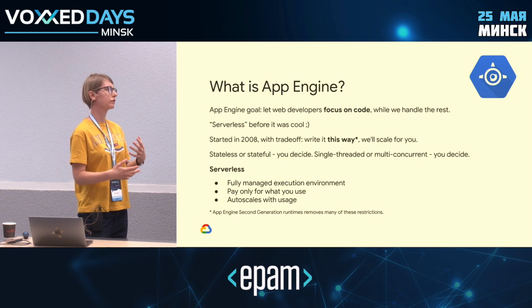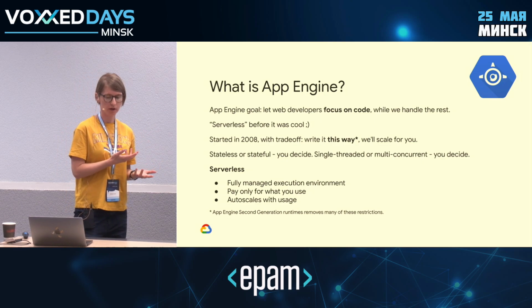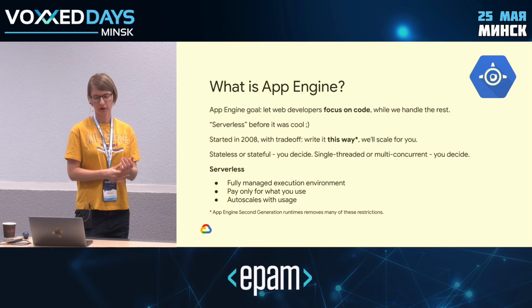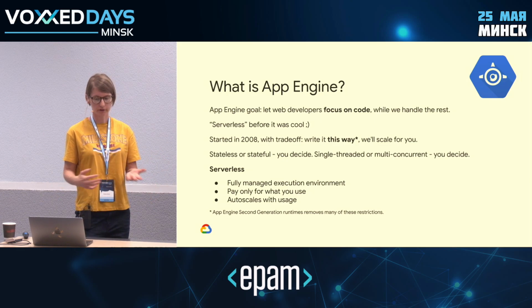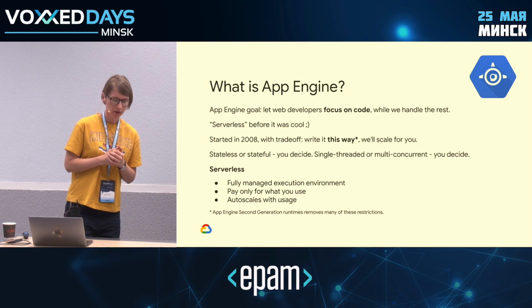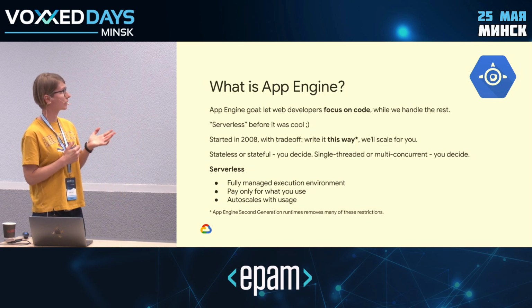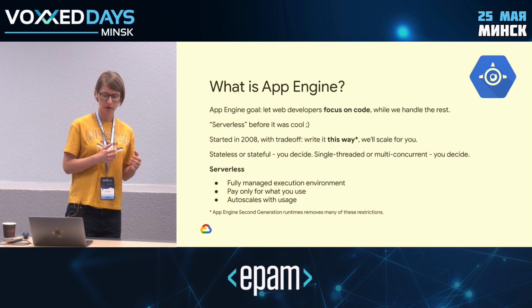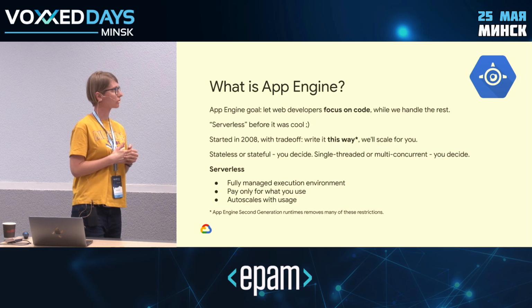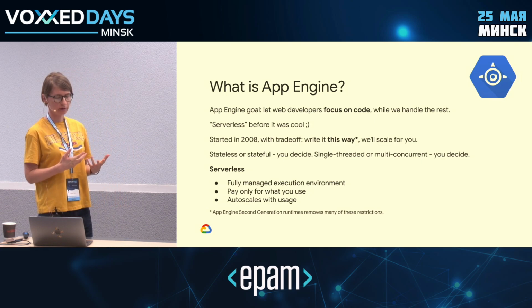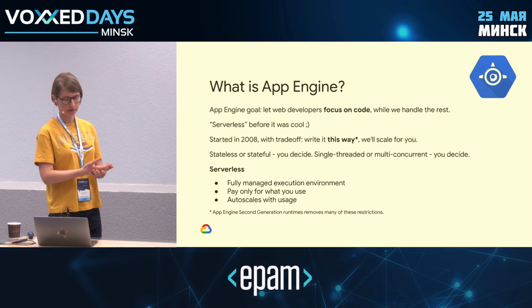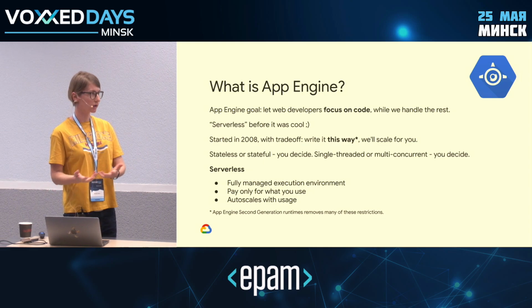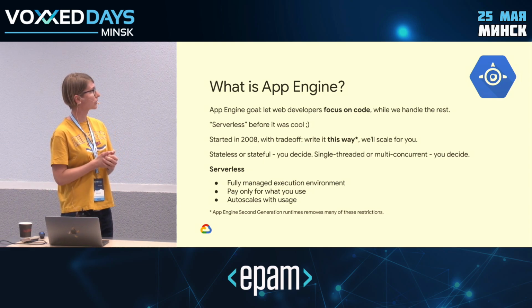You couldn't use the most common library in each language, or maybe just write to standard output or standard error. However, it was 2008. Right now, we have something called App Engine second generation runtime, which doesn't have this limitation. So you can use practically the same code that you're running outside App Engine and deploy it in App Engine.